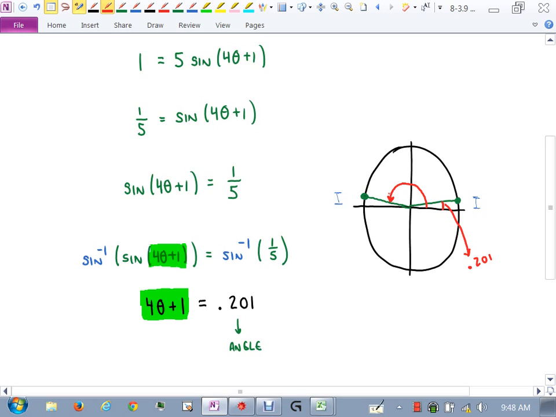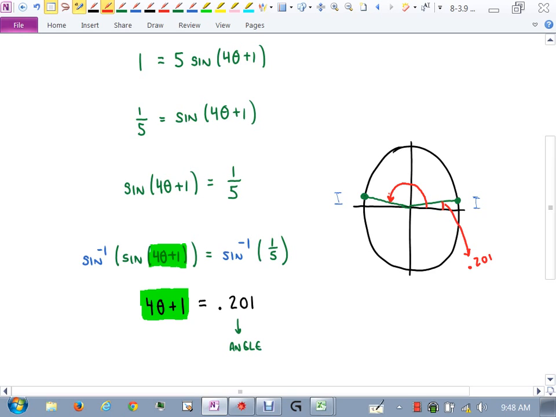How'd you get that? Okay, but are you in radians or in degrees? Okay. So let's stick with radians.